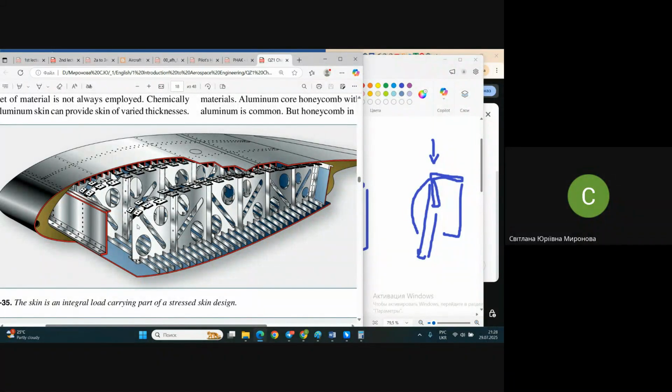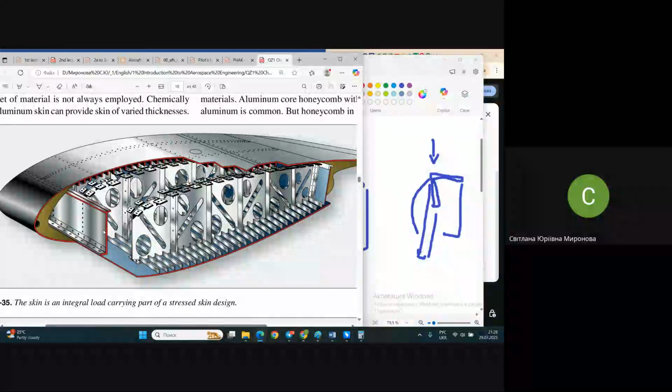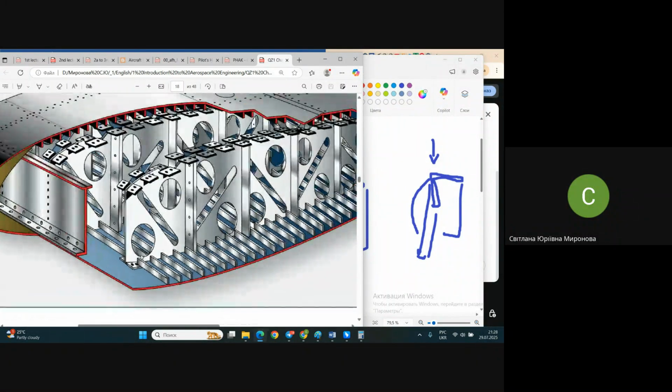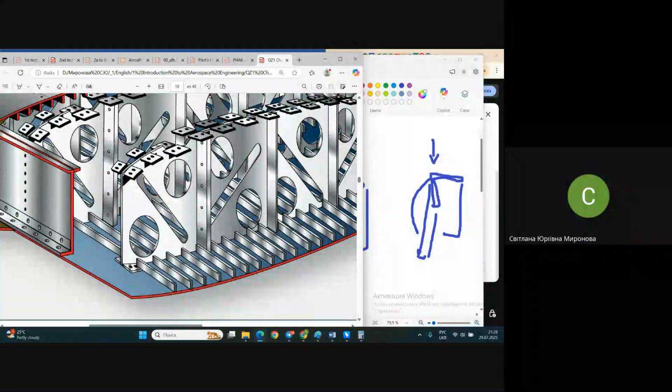And what do we see in more detail? We see ribs. But take a look, ribs are like penetrated with other elements. I need you to understand it's not clearly shown here, without a scheme, it's not the real structure. There are cutouts for stringers.